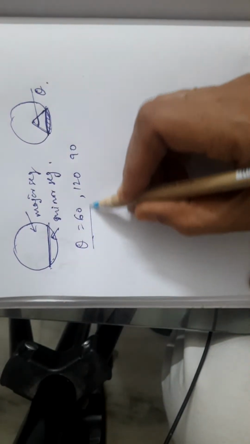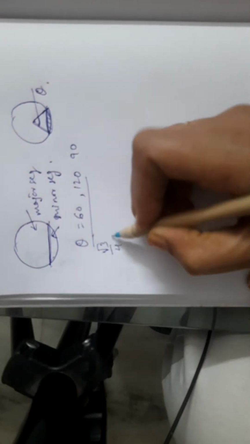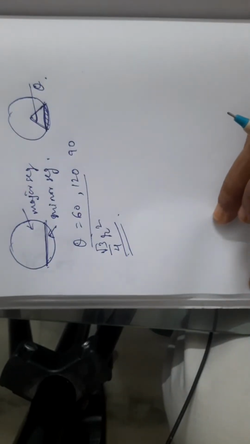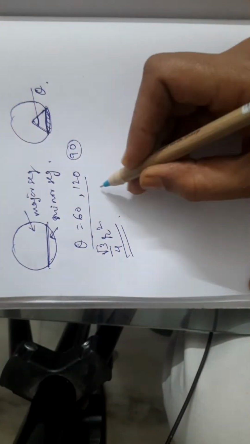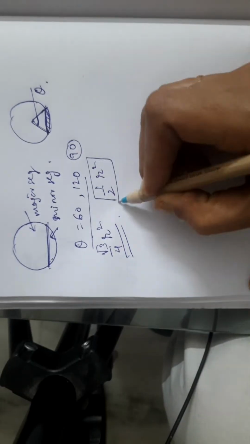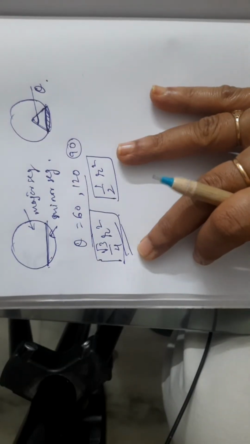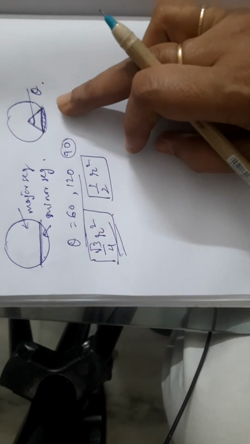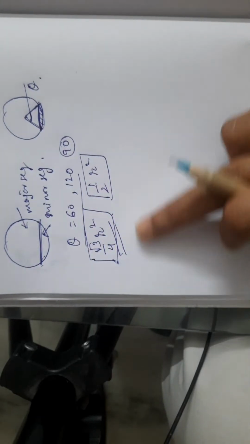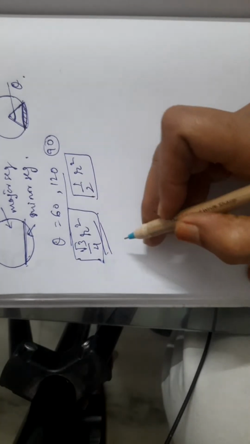If the value of theta is 60 or 120, the formula is root 3 by 4 r square for the area of the triangle. If theta is 90, the formula is half r square. So these two formulas we need to remember related to the triangle. When we calculate the area of a segment, out of the sector we will subtract the area of the triangle depending on theta's value.